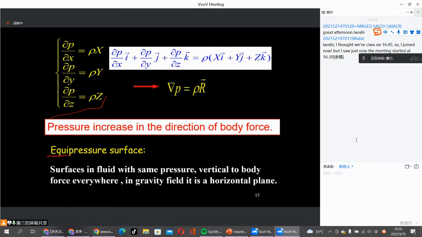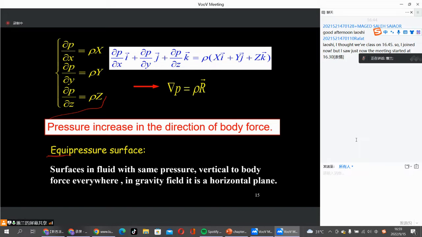Okay, so what's a free surface? A free surface means the interface between the liquid and the air. That's what we call the free surface. The free surface everywhere has the atmospheric pressure. So the free surface definitely is an equal pressure surface.